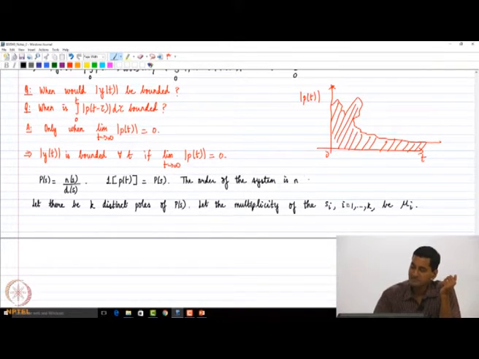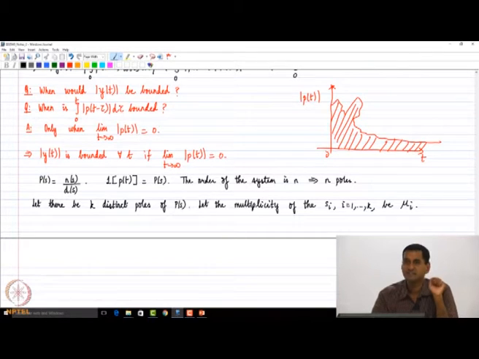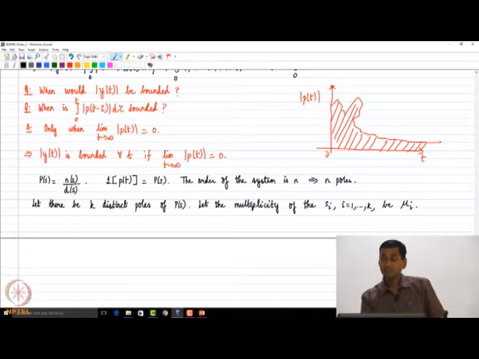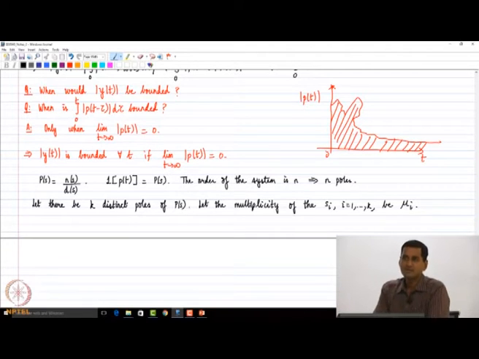So this implies that there are going to be n poles of the transfer function. That's something we already know. We are dealing with a generic case, an nth order system. Let us say out of these n poles, k are distinct. Of course, all n can be distinct, that's also okay. In a few examples we would have seen that the poles were distinct, with no repeating poles, but there can be repeating poles also.